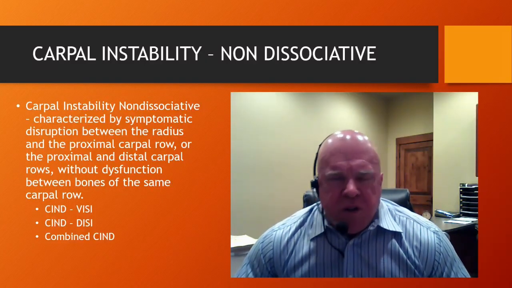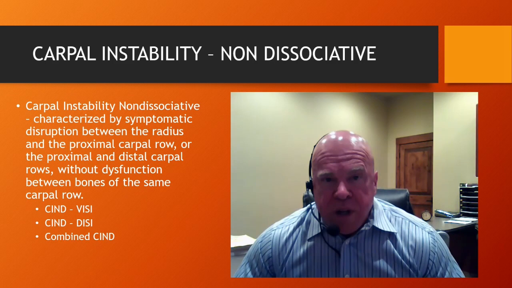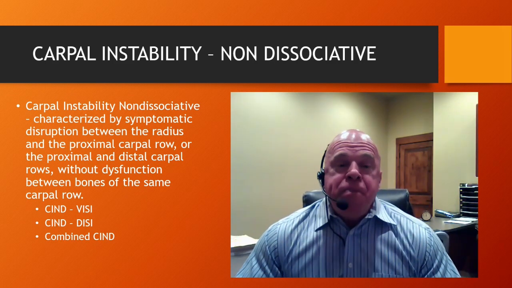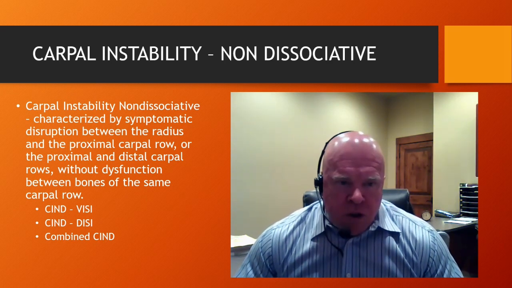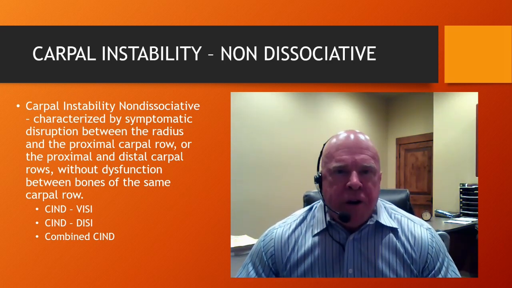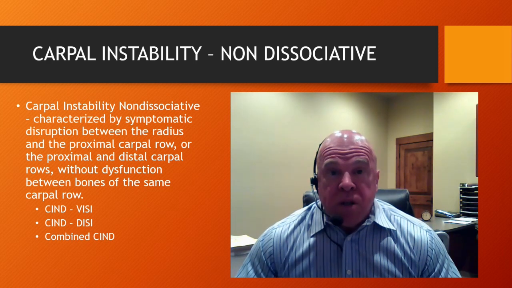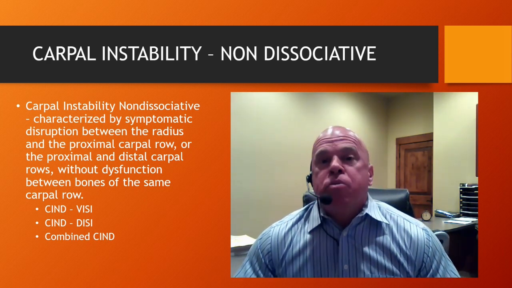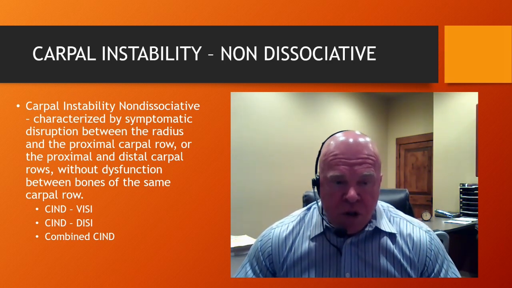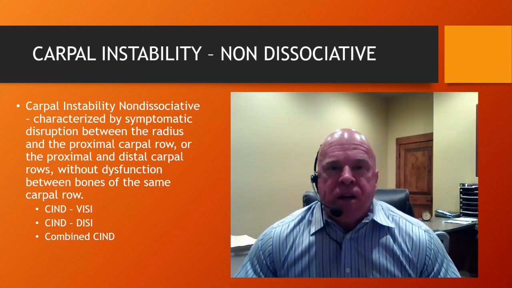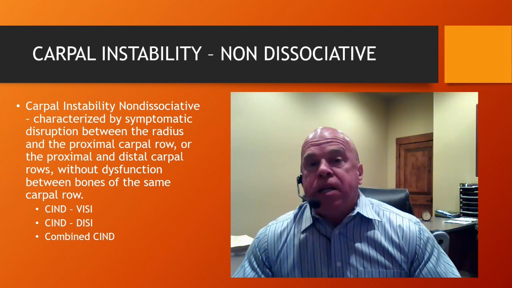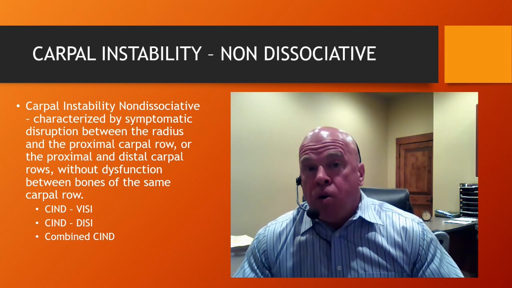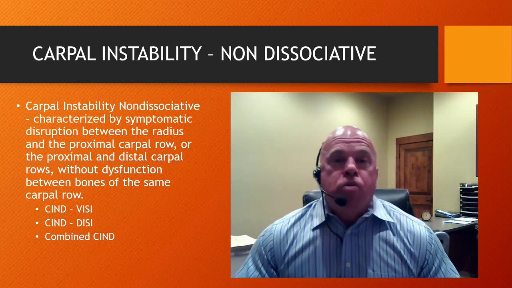Okay, so let's begin with today's discussion of the carpal instability non-dissociative pattern. Now, the non-dissociative carpal instability patterns are characterized by a symptomatic disruption not within carpal rows, such as the dissociative forms, but the non-dissociative forms are characterized by symptomatic disruption between either the distal radius and ulna and the proximal row of carpal bones.